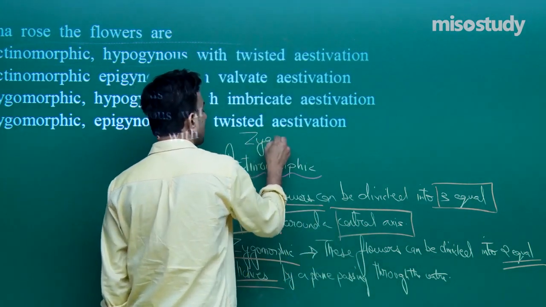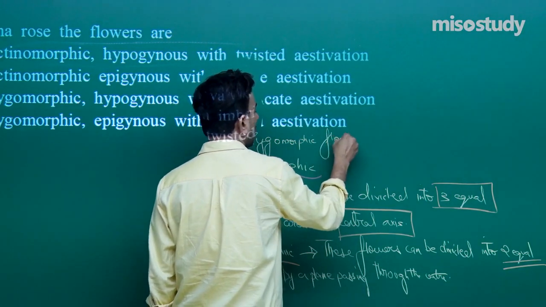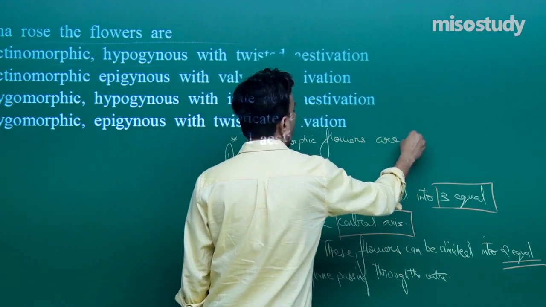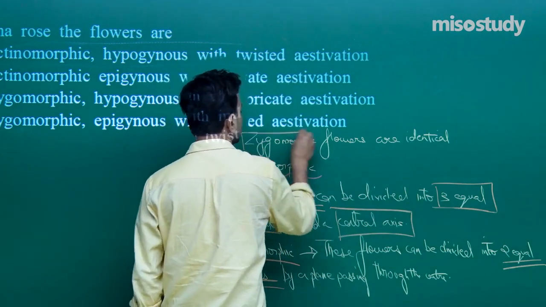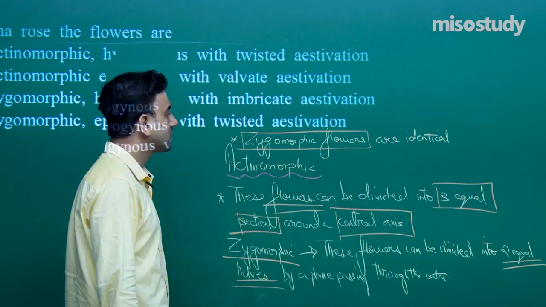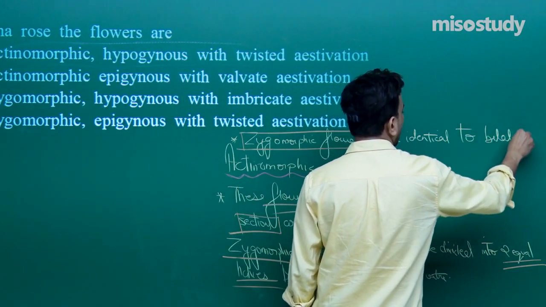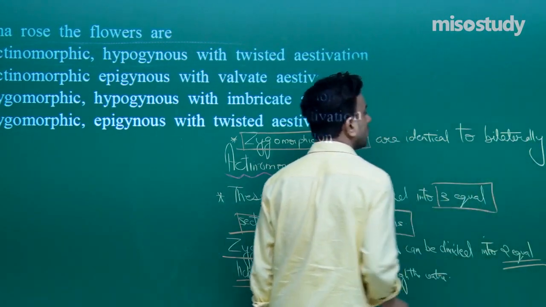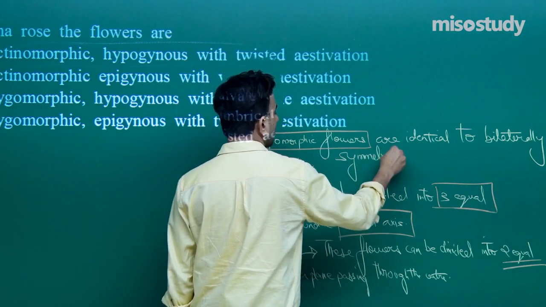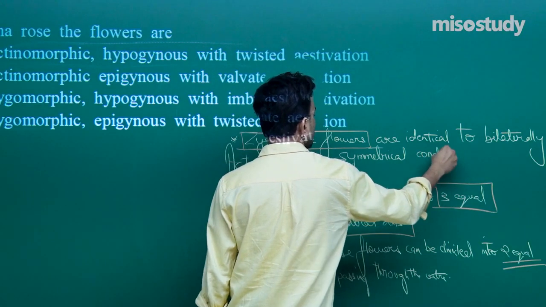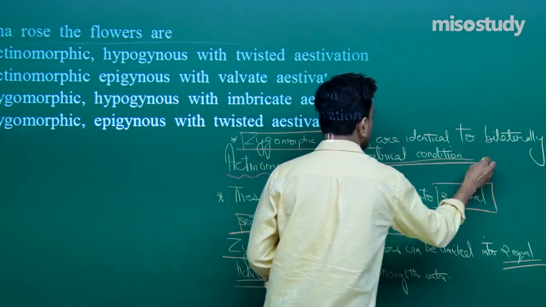So zygomorphic flowers are identical to bilaterally symmetrical condition. All right.